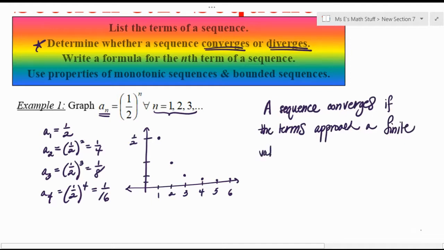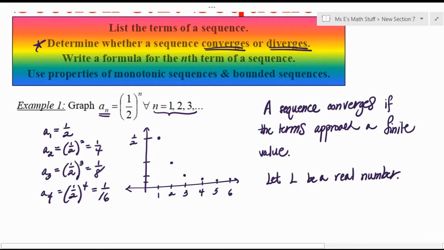And that is a layman's terms way of saying that. To be more mathy, we would say, let L be a real number. And since it's a real number, it would be finite.